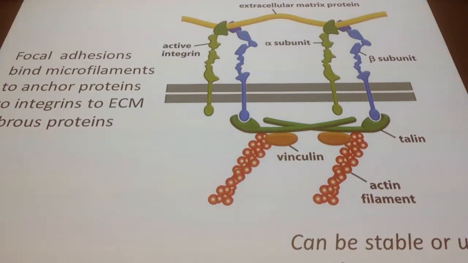Later on when we talk about cadherin, actually cadherin likes to bind to itself, so it's homophilic adhesion or homophilic binding, right? So in this case, this is heterophilic binding because the transmembrane adhesion protein binds to a protein on the extracellular matrix side that is not itself. Does that make sense?